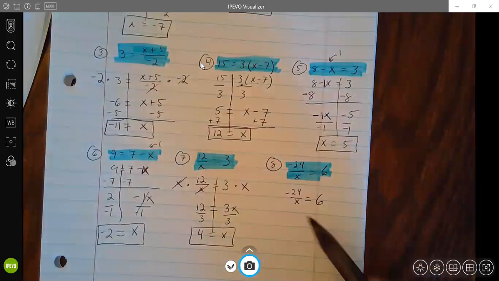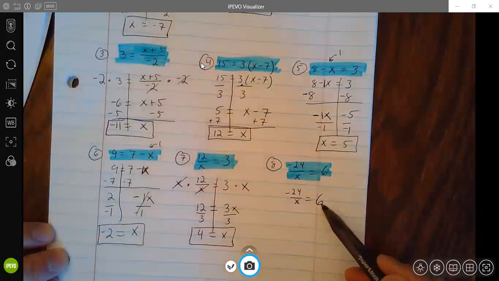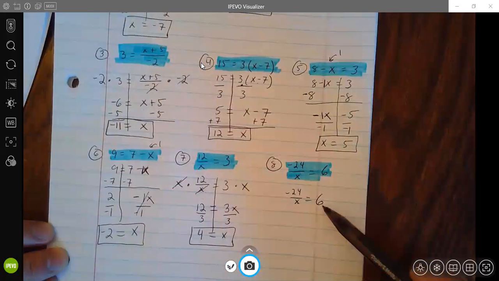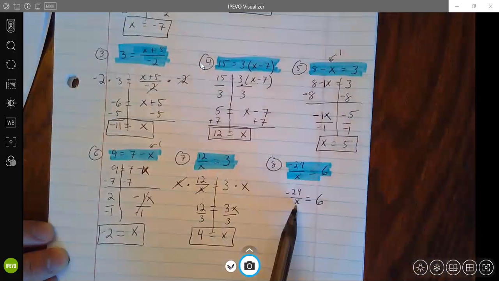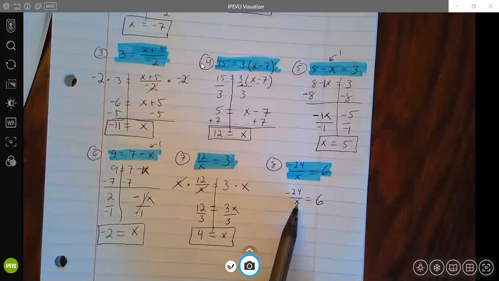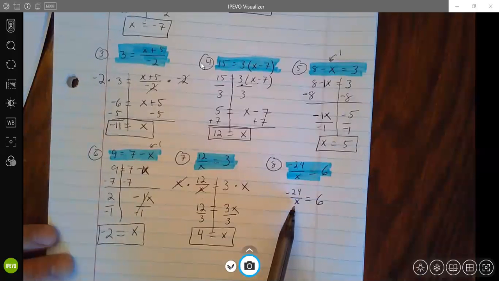Negative 24 divided by what equals a positive 6? Well, you know a negative divided by a negative would equal a positive. So whatever this number is has to be a negative, because you've got to get it to equal positive 6. So it's going to be a negative, and then 24 divided by what equals 6? 24 divided by 4 equals 6. So it'd have to be a negative 4.